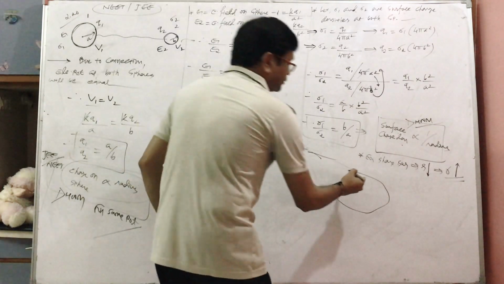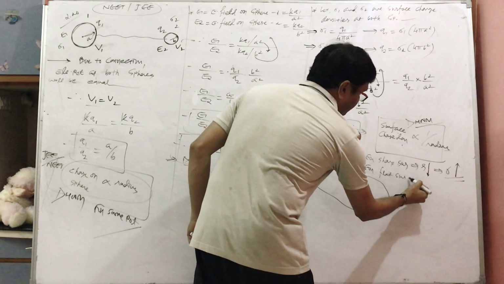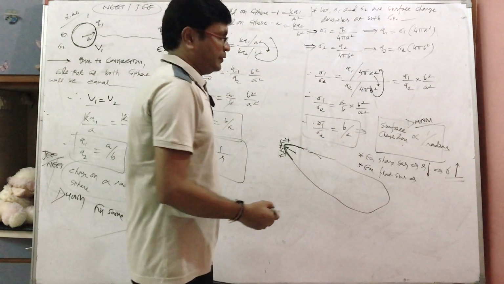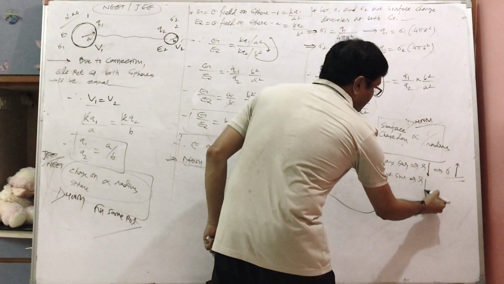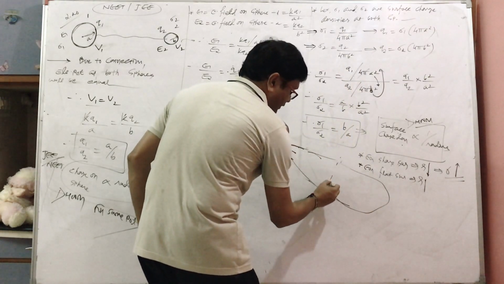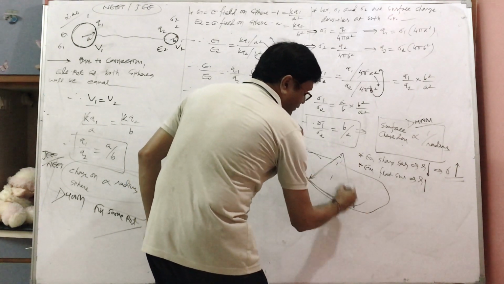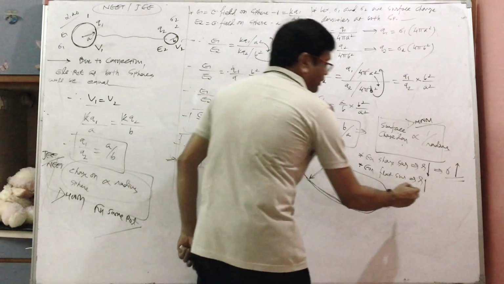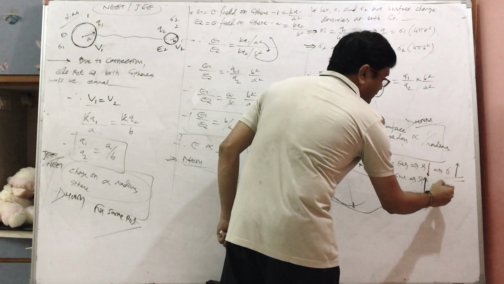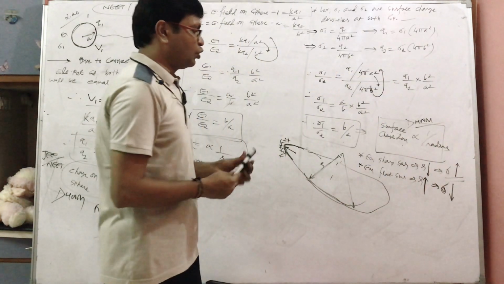But if you think about a flat surface, for a flat surface, R increases. For example, this surface. If you think about the radius, the radius is very high. So the radius increases. So what happens? The surface charge density decreases. That means a low value of sigma.